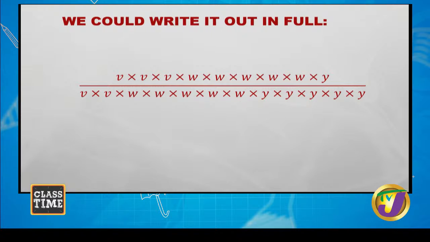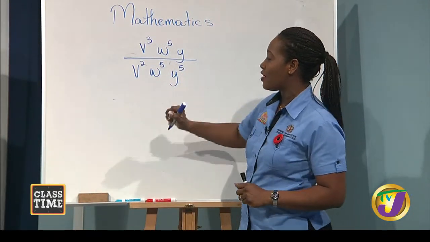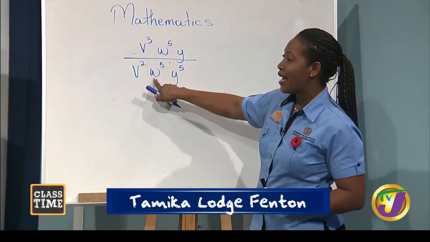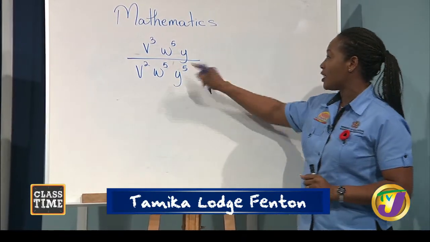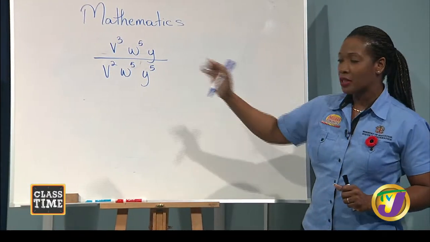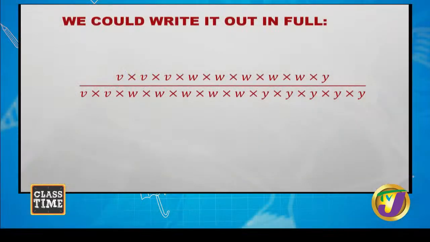Then we have V raised to the 2nd power, which is V multiplied by itself twice, and W to the 5th power, 5 times, Y to the 5th power, Y multiplied by Y 5 times. So after we have expanded our algebraic fraction, we simplify.